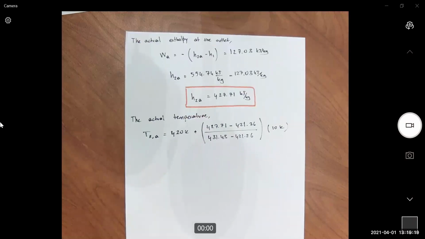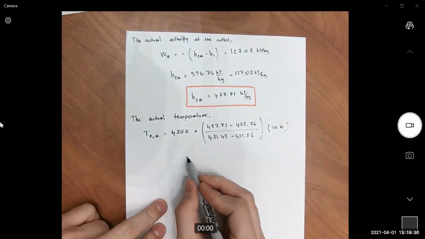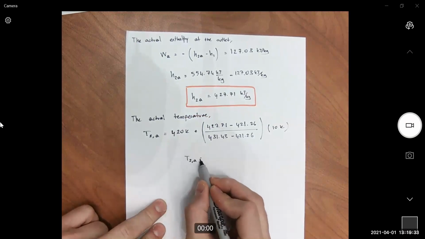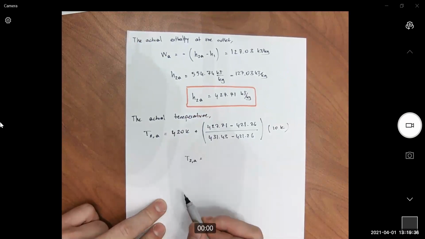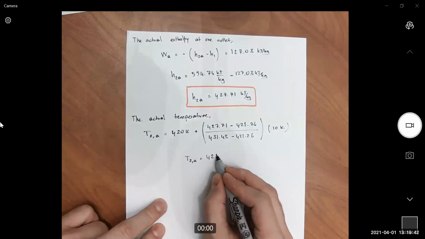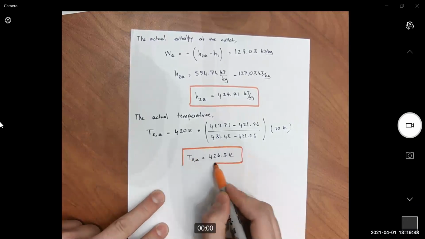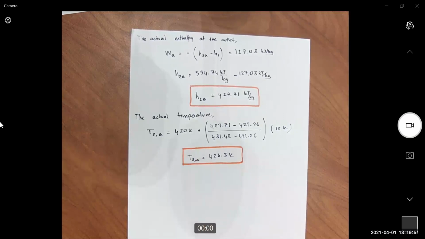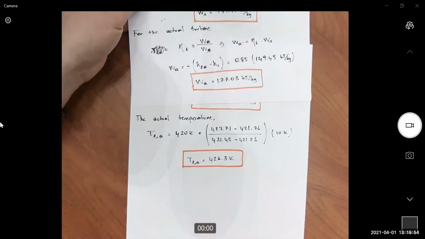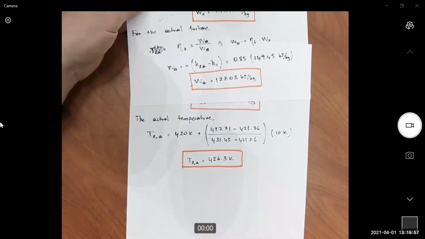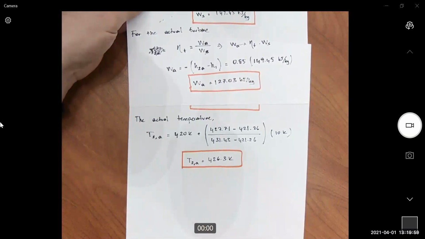Ten Kelvin is the temperature difference between the table entries, 420 and 430. So the temperature at the outlet for an actual turbine, which has irreversibility, is 426.3 Kelvin, which is higher than for an ideal turbine. That makes sense, right?